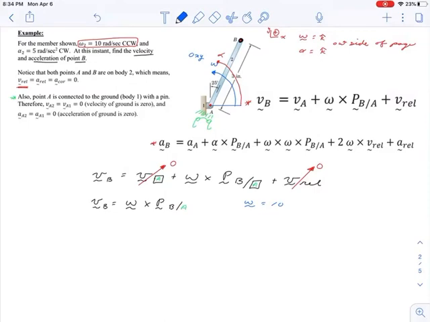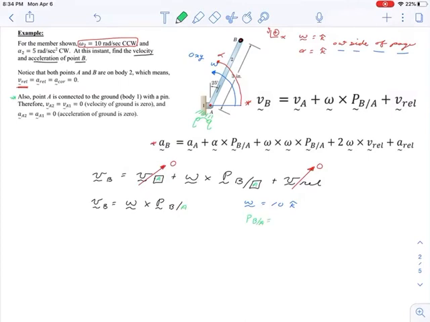And what is the direction of W? Well, we just said the direction of W is outside of the page, which is positive K. Okay? So now let's find the position of B relative to A.